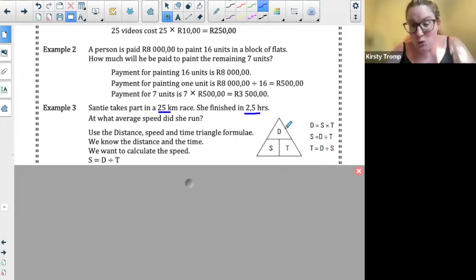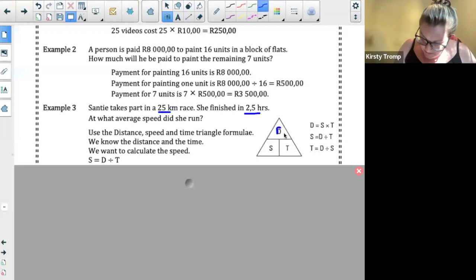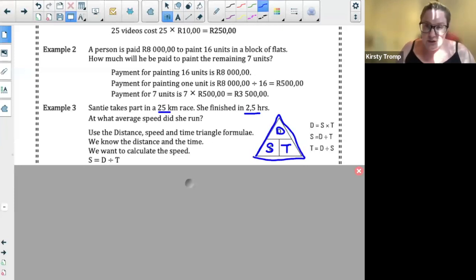And when I was at school, we used to call it our DSTV triangle.